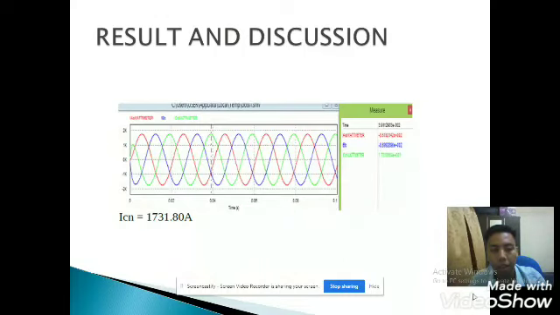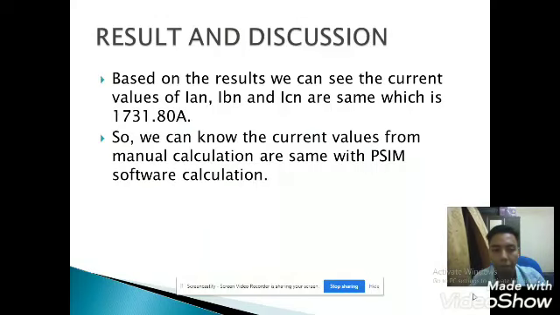And the last, ICN, is equal to 1731.80 ampere. Based on the result, we can see the current values of IAN, IBN and ICN are the same, which is 1731.80 ampere. So we can know the current value for manual calculation is the same as the PC software calculation.